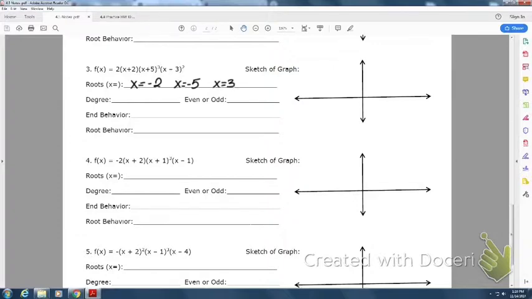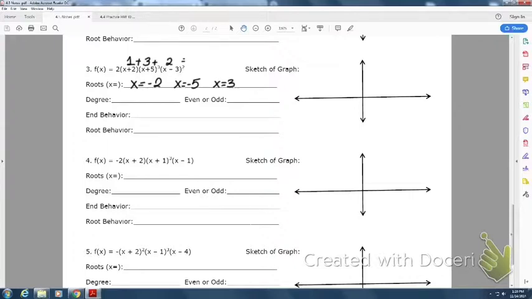Awesome. Doggy, what is the degree of that first factor? 1. Jessica, what is the degree of the second factor? 3. Kevin, what is the degree of the third factor? 2.